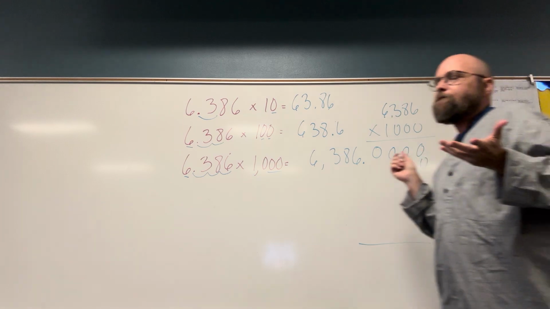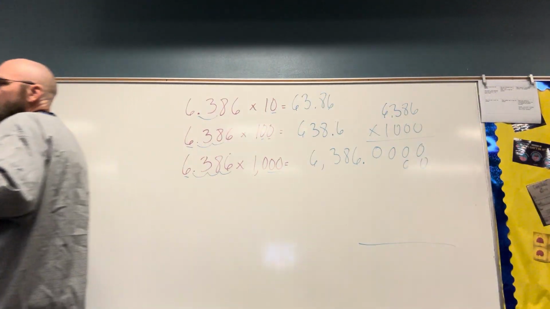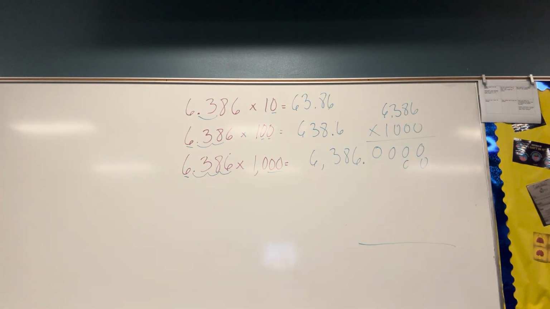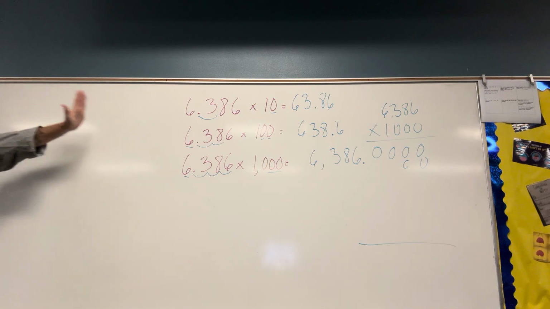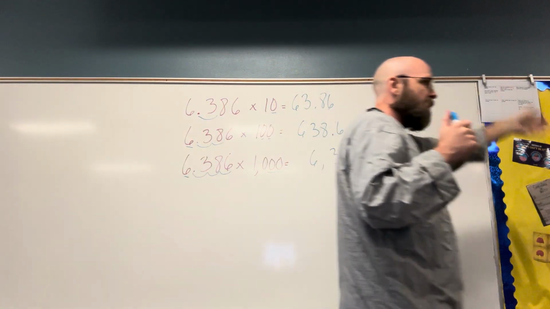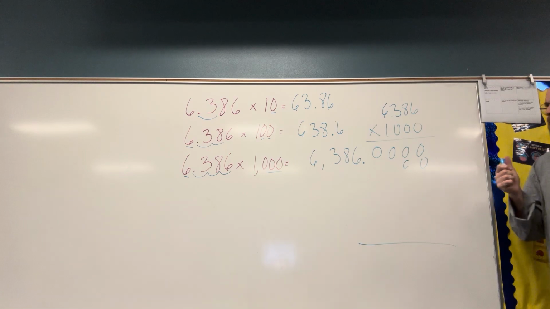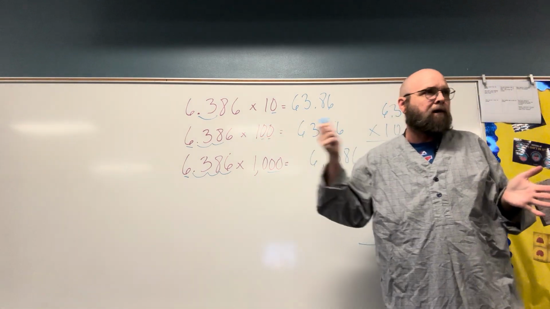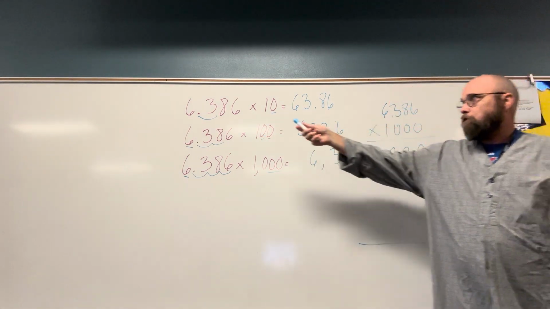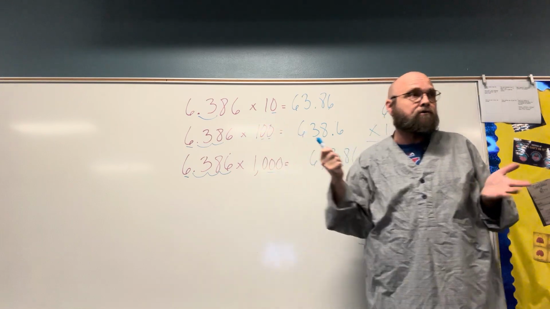And you're going to end up with the same thing. But if you're multiplying by 10, 100, 1,000, 10,000, 100,000, all you're doing is moving the decimal point. Essentially, you're just moving the decimal point by the number of zeros that there are.